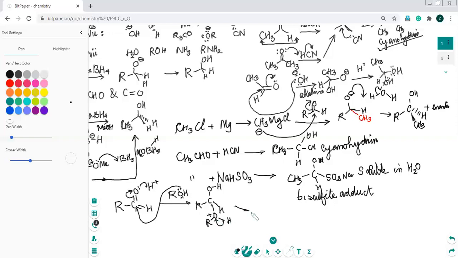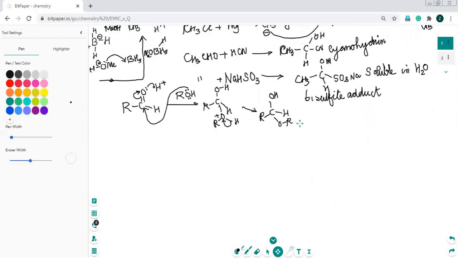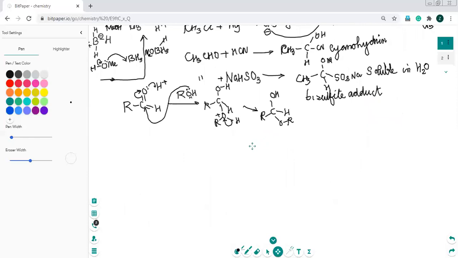And the product you get is R, C, O H, H and O R. Okay, so this is called hemiacetal, formed by removal of one of the protons.